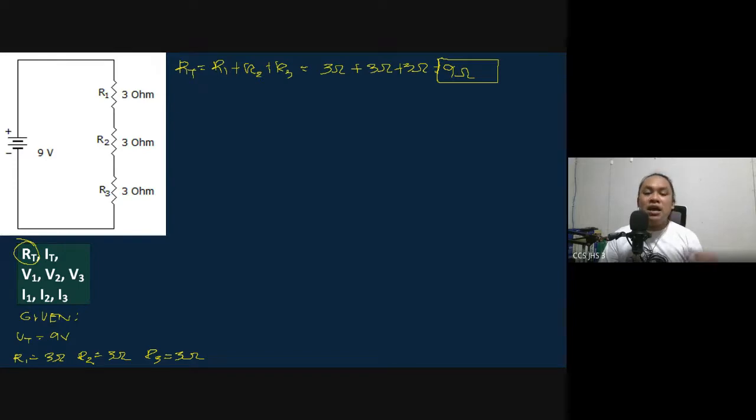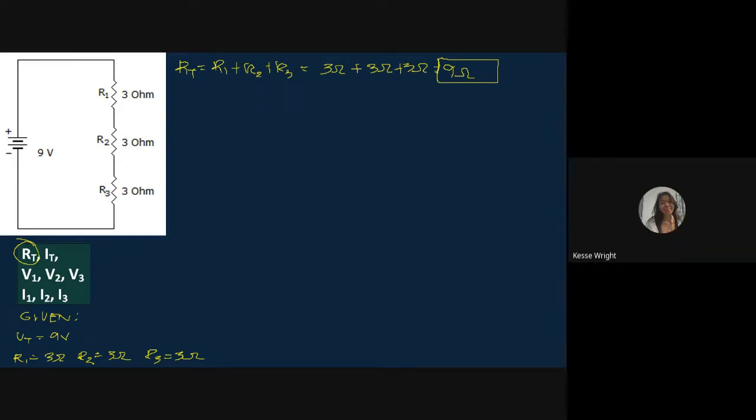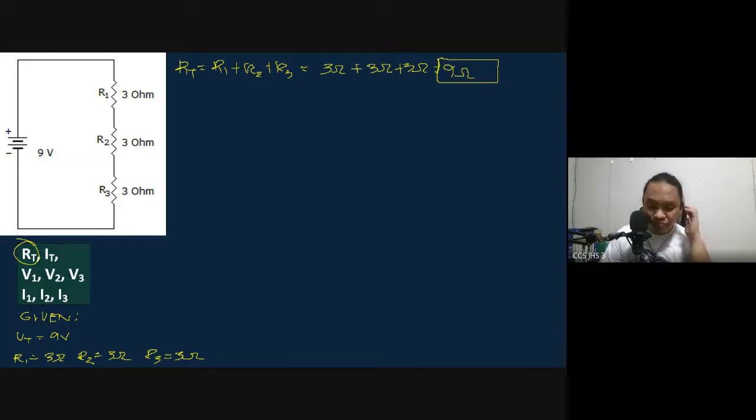Again, let's think back to Ohm's law and the conditions given for a series circuit. So from the values that we have right now, what missing parameter can we solve next? For I, sir. For I. What I, Cassie? Is it individual current or total current?